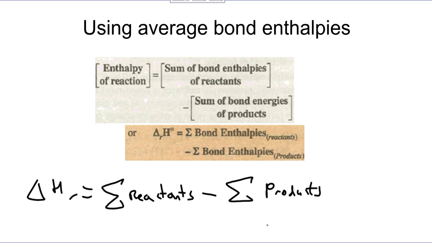Because obviously, in a reaction, if I've got some reactants that have this much energy in their bonds, and I change them to some products that have this much energy in their bonds, then the difference between their bond energies is going to be delta HR. Okay, that's all that's happened when we've changed from our reactants to our products. We've just changed the bonds. So if we find out what the difference between the bond energies is, we work out the enthalpy change during the reaction.